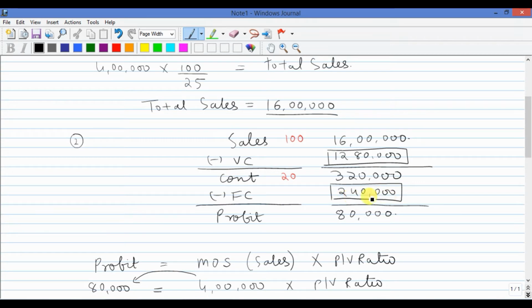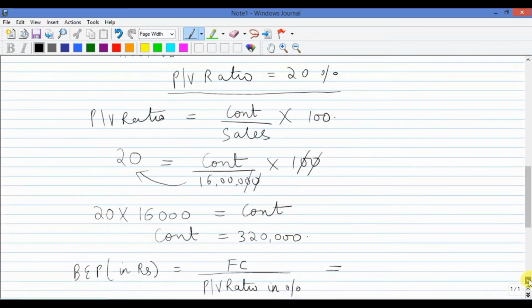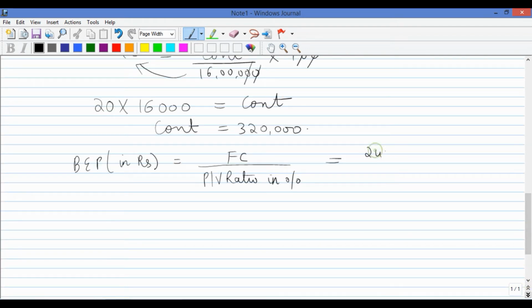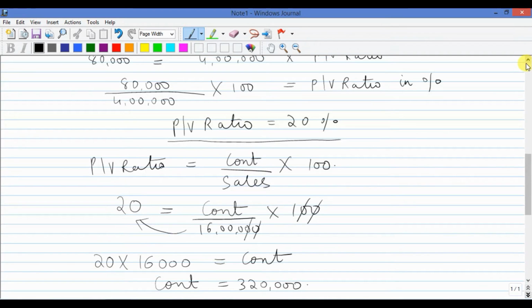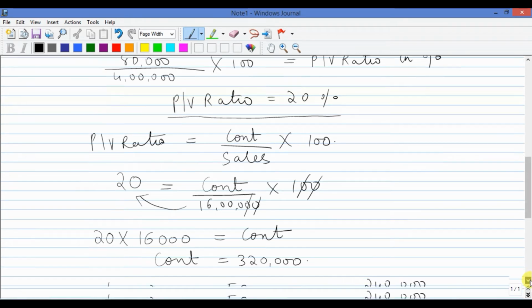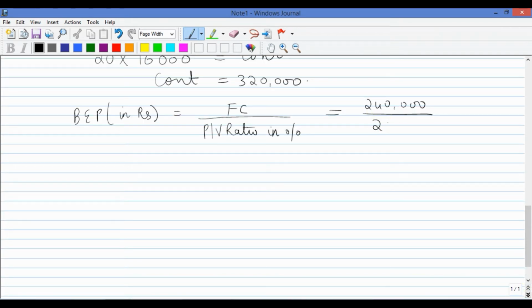We have a fixed cost of 2 lakh 40, and the PV ratio we got was 20%. So I will divide 2 lakh 40 by 20%. So 12 lakh rupees is my break-even sales.